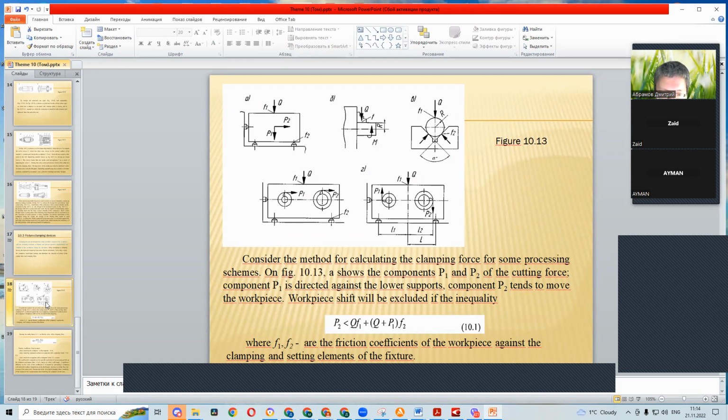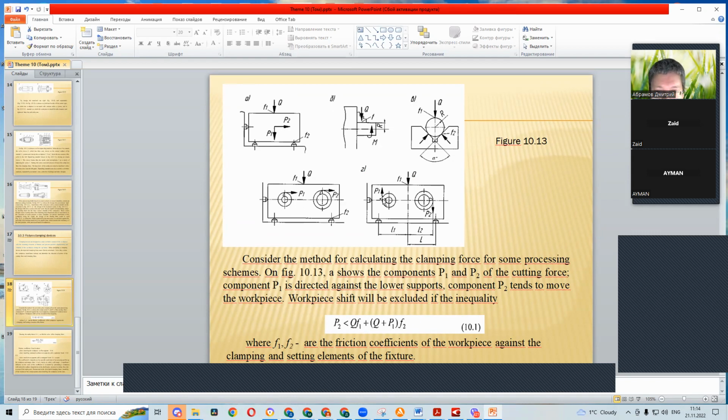Consider the method for calculating the clamping force for some processing schemes. On figure 10.13, it shows the components P suffix 1 and P suffix 2 of the cutting force, in figure 10.13a, b, c, d, and e.